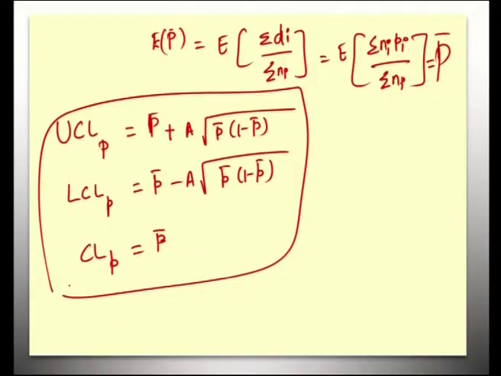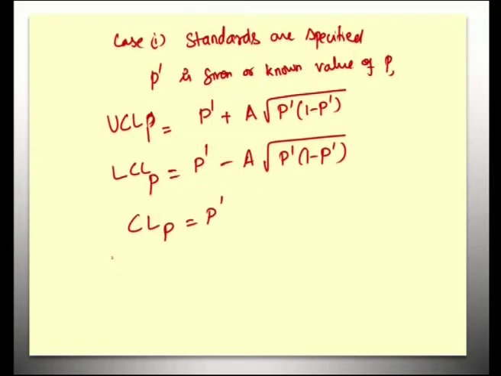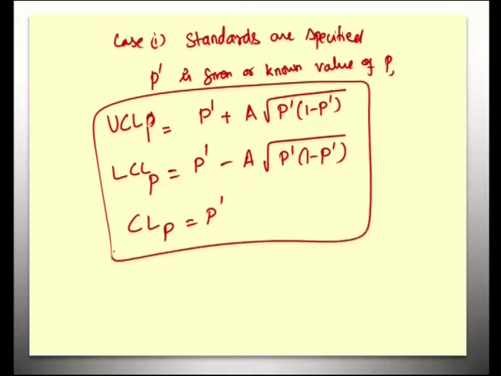This is the formula when standards are not known, and the formula when standards are specified is UCL of P equals P dash plus A into root of P dash into 1 minus P dash, the same with minus for LCL, and just P dash for CL.